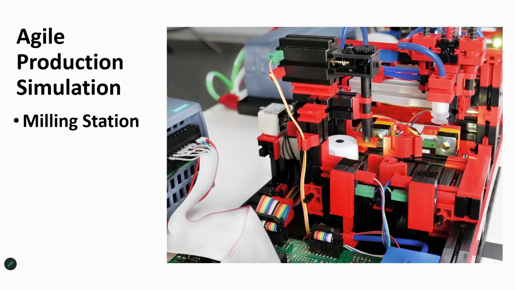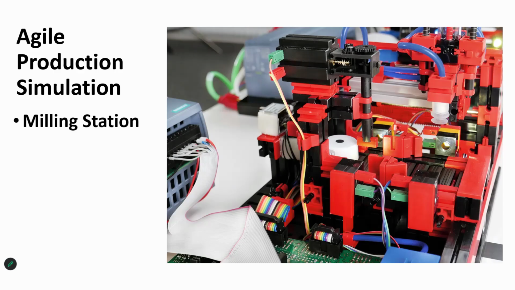And here, the milling of two pockets on the workpiece is simulated. After that process is finished, the workpiece goes back on the conveyor belt, down to the gripper robot. The gripper robot picks it up and puts the workpiece back onto the AGV vehicle.